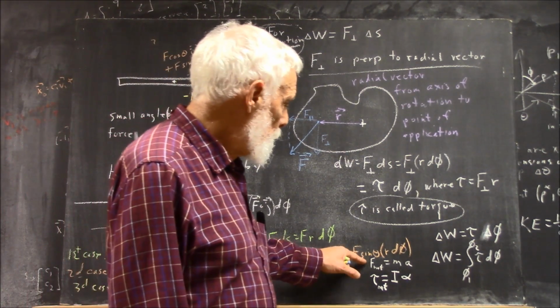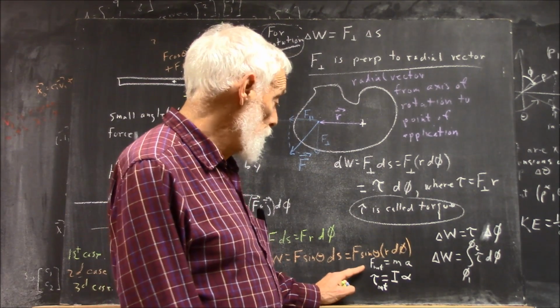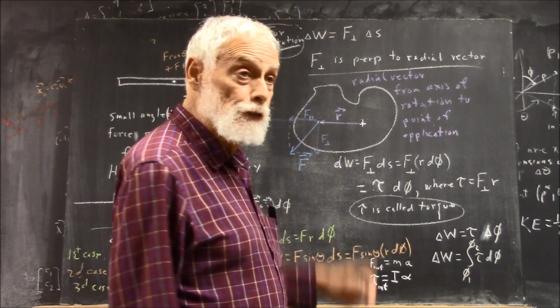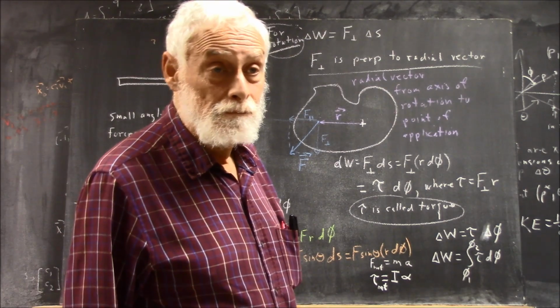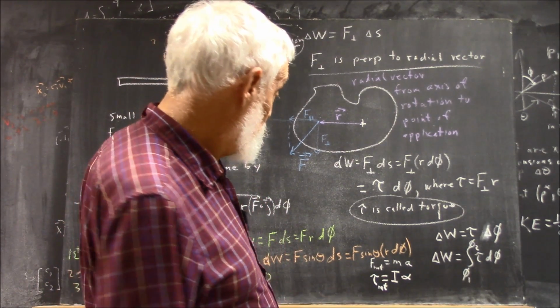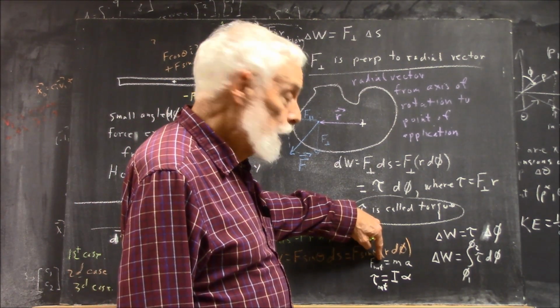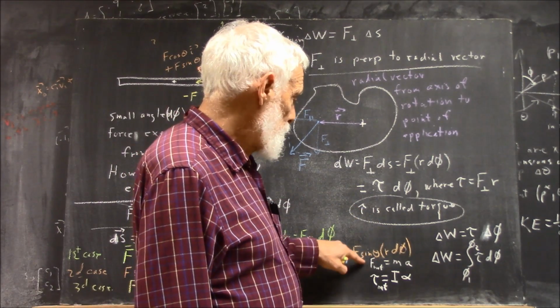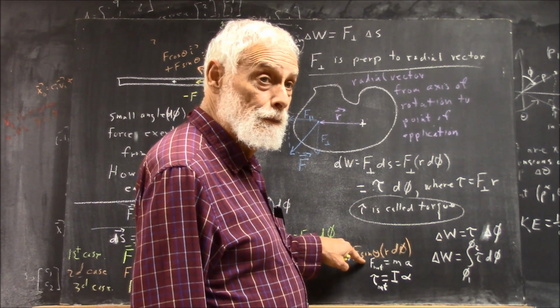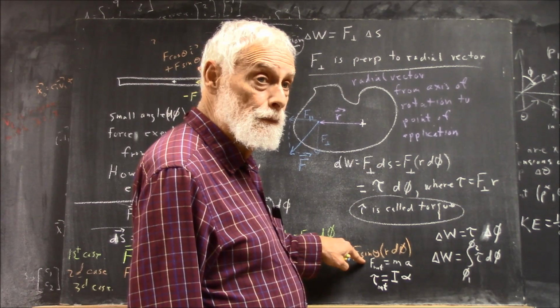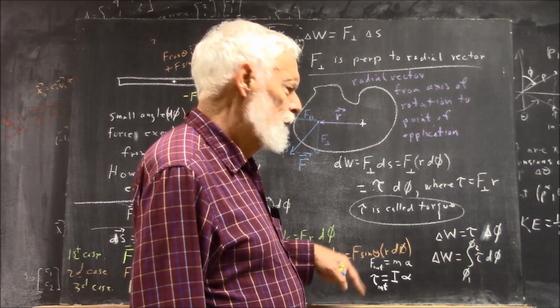Like, how do you get from net force to torque? Basically, you multiply the net force by your distance from the axis, right? So if I multiply this by A, I get torque, right? I said it wrong.